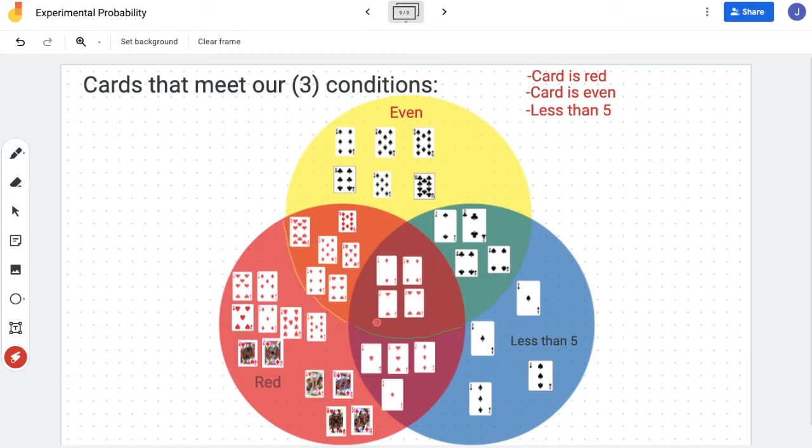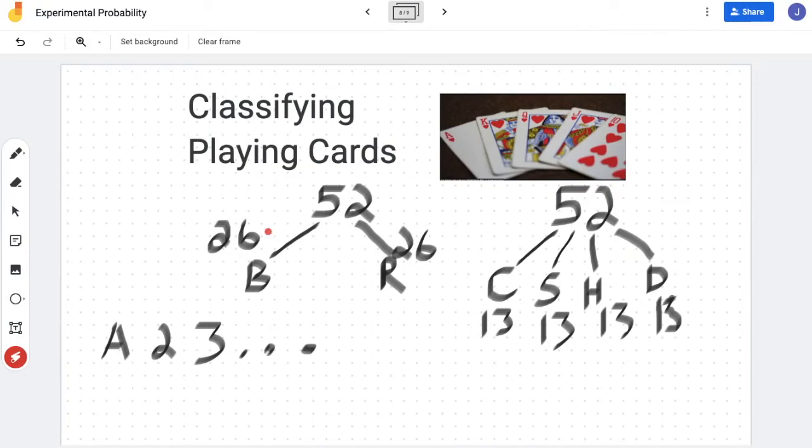Now when I do a 3-way Venn diagram like this, I've got little sections on the outside that satisfy just one condition. I've got sections in the middle that can satisfy 2 conditions, and then I've got the very center, which satisfies all 3 of my conditions.